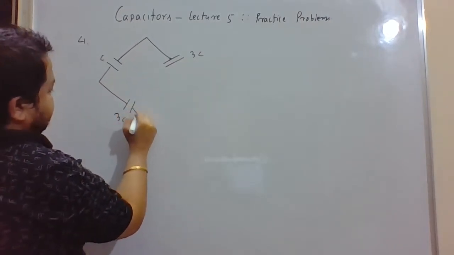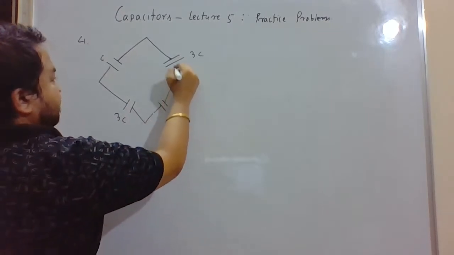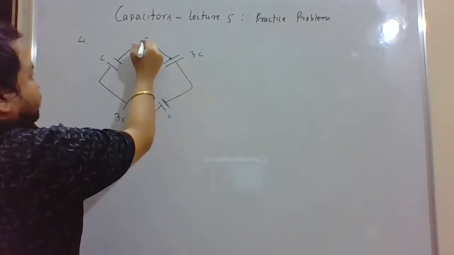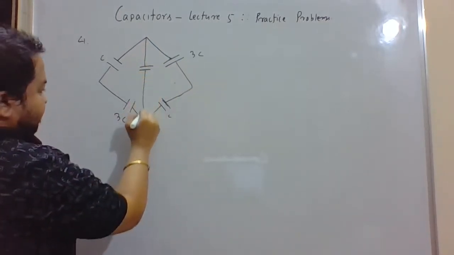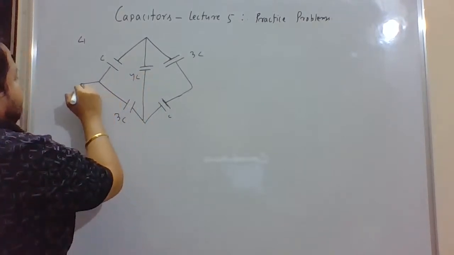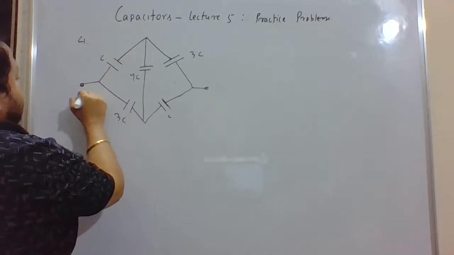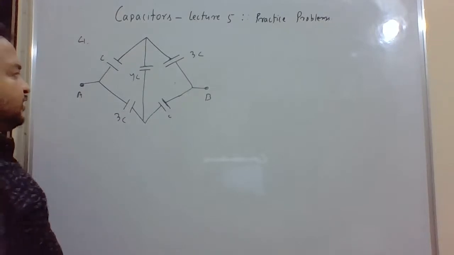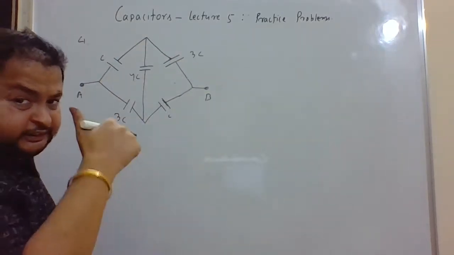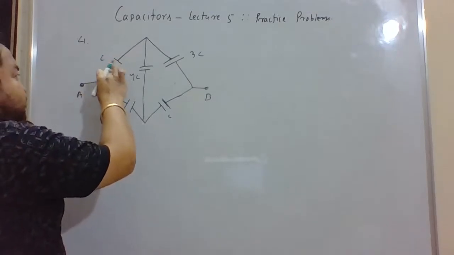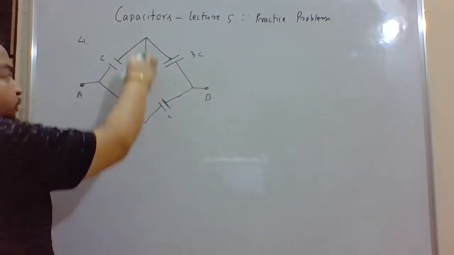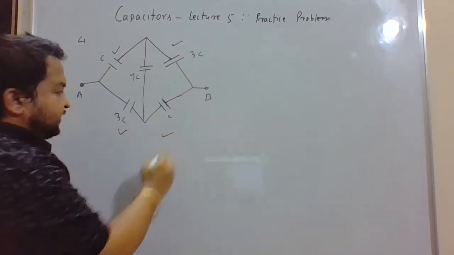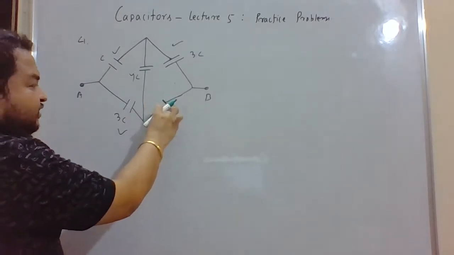This one is 3C, this one is C. Okay, and suppose the capacitor that is connected here is 4C, and these are the points A and B. So if these are the points A and B, then obviously if you see here, is it a Wheatstone bridge? Yes, it's a Wheatstone bridge. But is it a balanced Wheatstone bridge? The answer is no. Because for a balanced Wheatstone bridge, this by this should be equals to this by this. But here if you see, they are reciprocal.